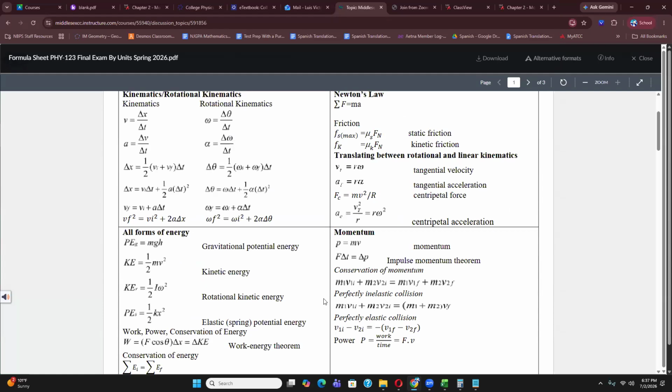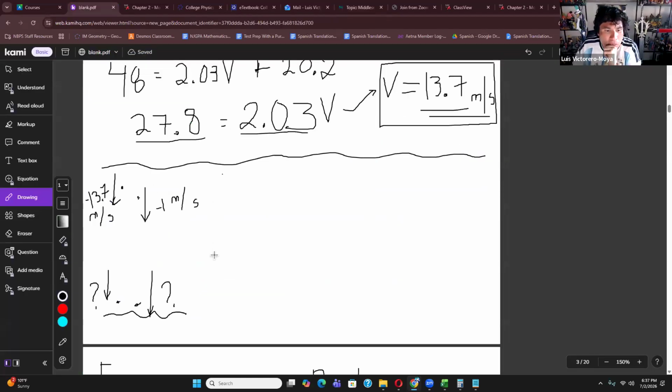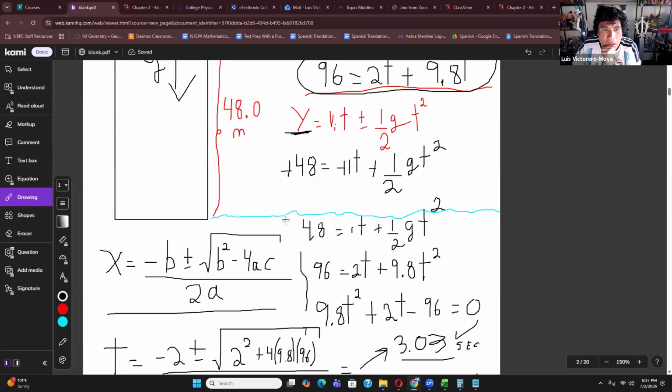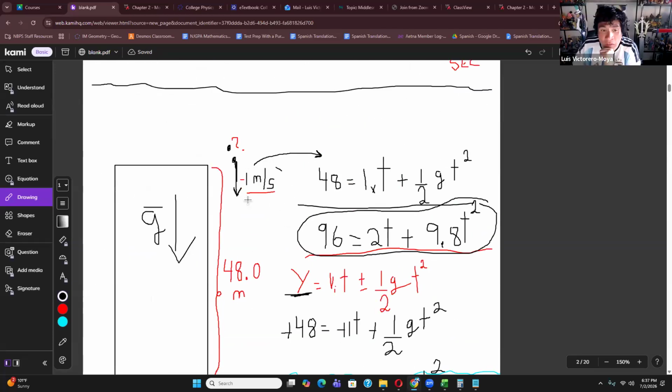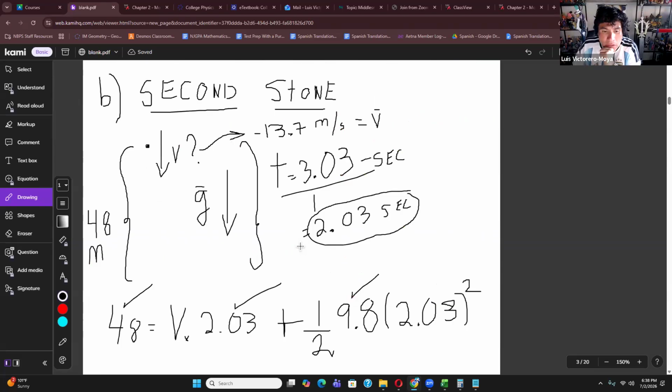The VF equals VI plus AT. Yeah, you will use that, right? Good. So for the first stone, the acceleration is gravity. The speed initial of the first stone is 1.